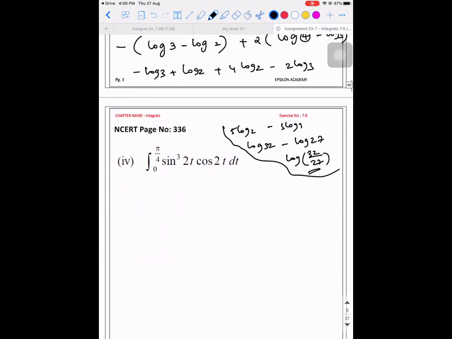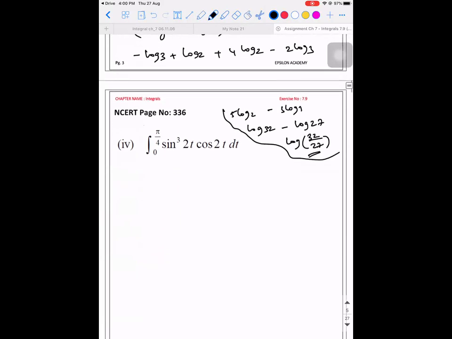Integral of 0 to pi by 4 sine cube 2t into cos t. Tell me how to solve this. Whenever you have a combination of sine and cos, the advantage is if you take sine as t, then cos will become the derivative of it.